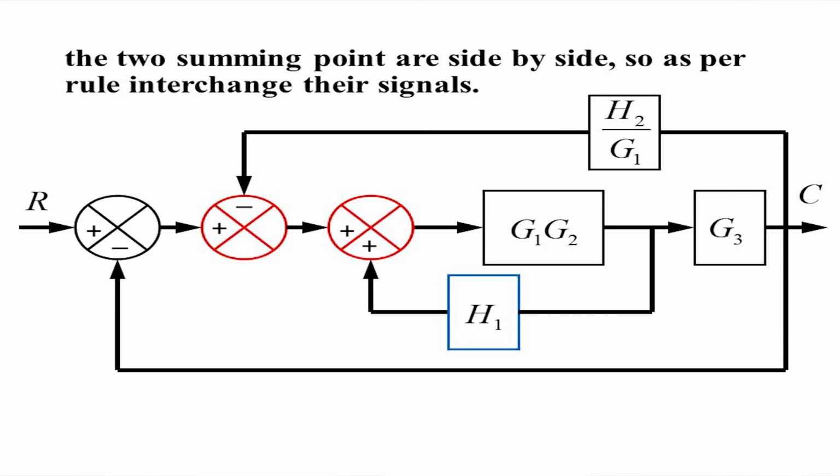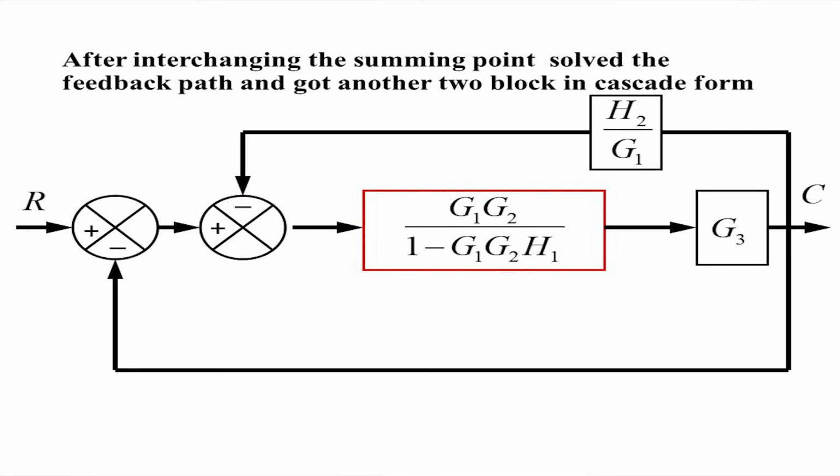So we interchange the signals of the second and third summing points with each other. Then a feedback path is formed between the blocks G1, G2 and H1. After applying the feedback formula as we learned in this session, we get the output G1 G2 divided by 1 minus G1 G2 H1.